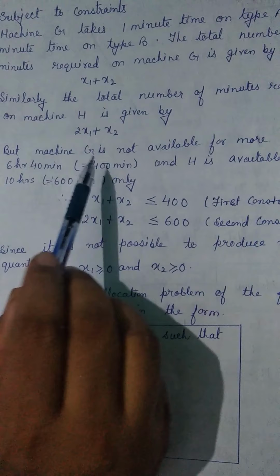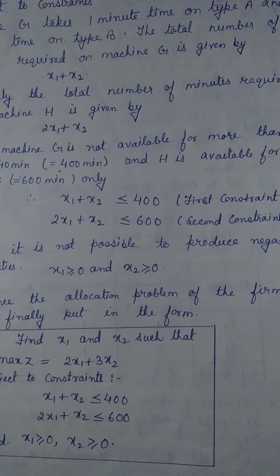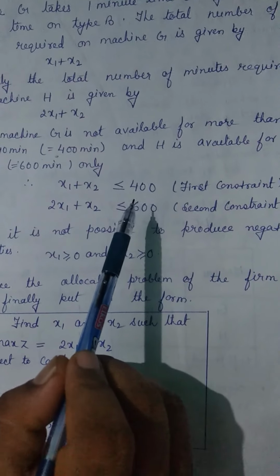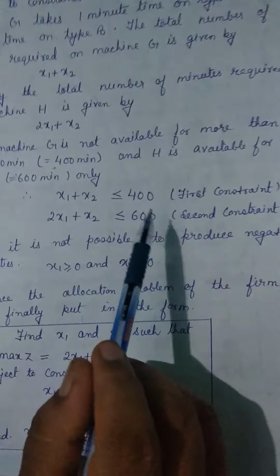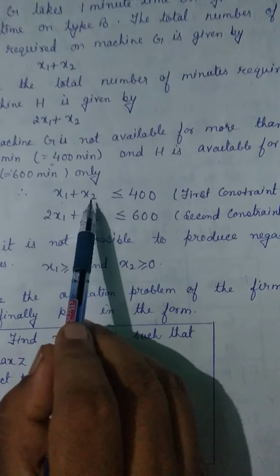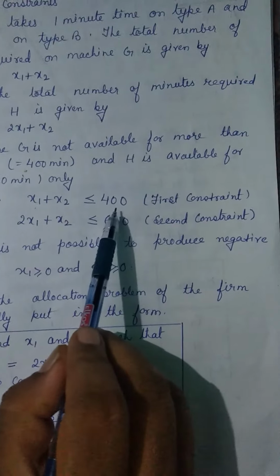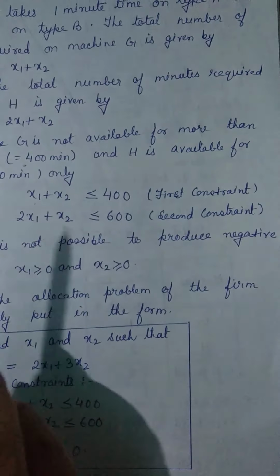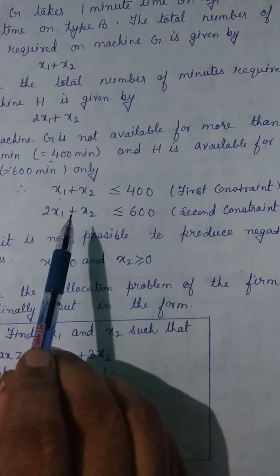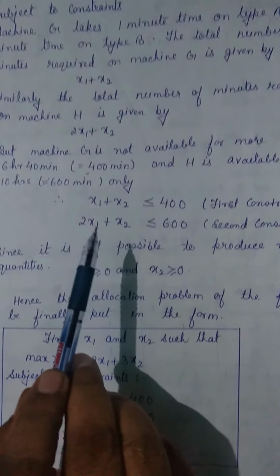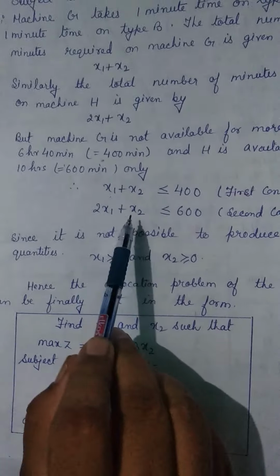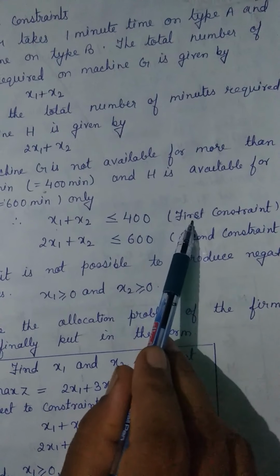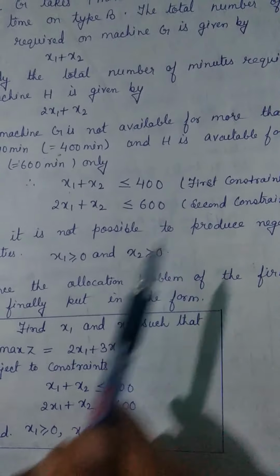But machine G is available for 6 hour 40 minutes. So the first constraint will be x1 plus x2 is less than equal to 400. Machine H is available for 10 hours, that is 600 minutes. So the second constraint which we will get is 2x1 plus x2 is less than equal to 600. So we got the first constraint and second constraint.